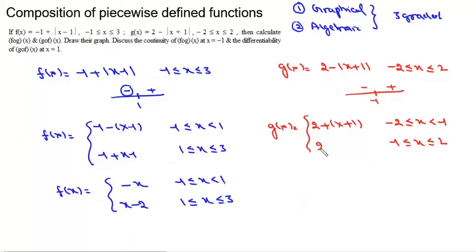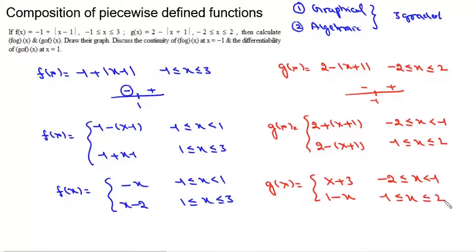Now here it will be positive, so it will be 2 minus (x plus 1). Now g(x) is basically x plus 3 when x lies between minus 2 and minus 1, and it will be 1 minus x when x lies between minus 1 and 2.